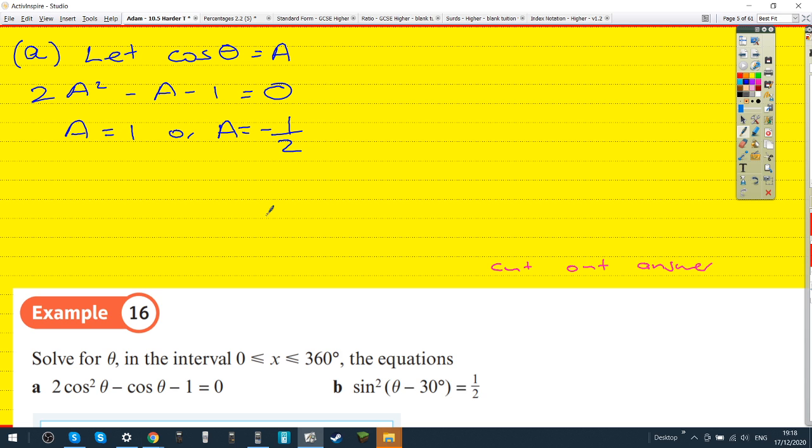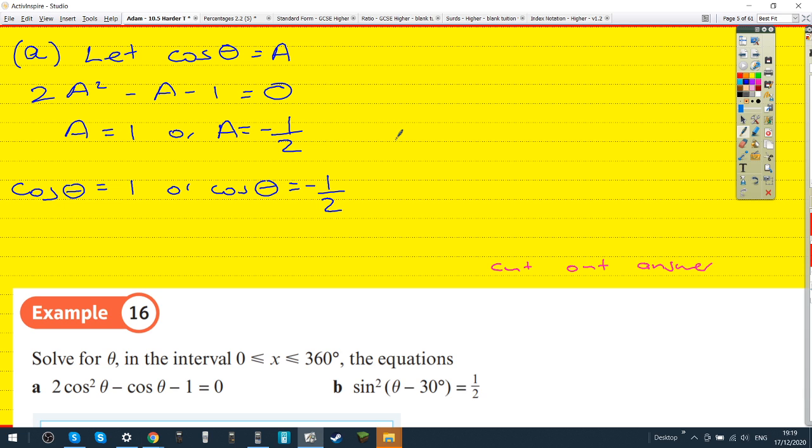Yep. And now use that to solve for theta. We unlet: instead of a, it's cos theta is 1, and cos theta is -1/2. And so solve those.